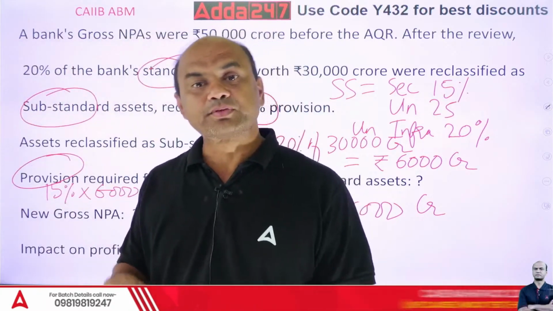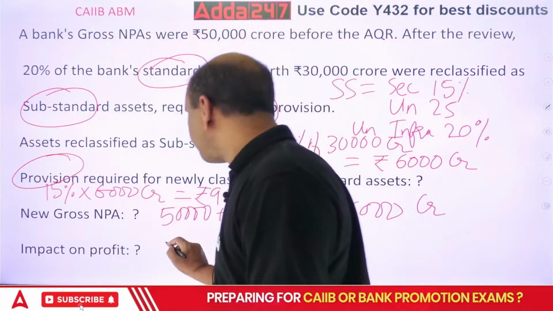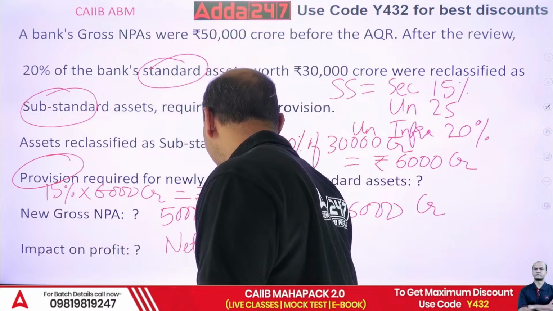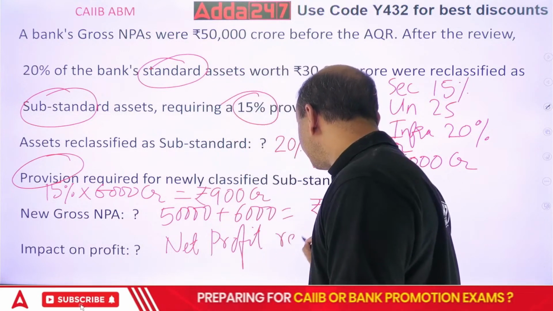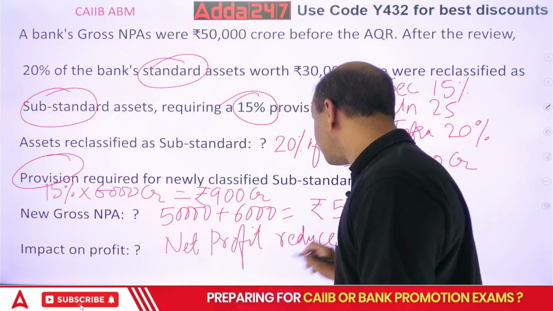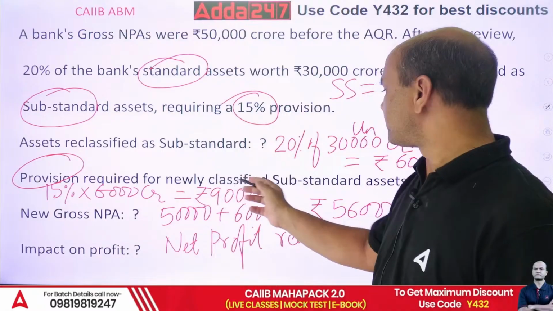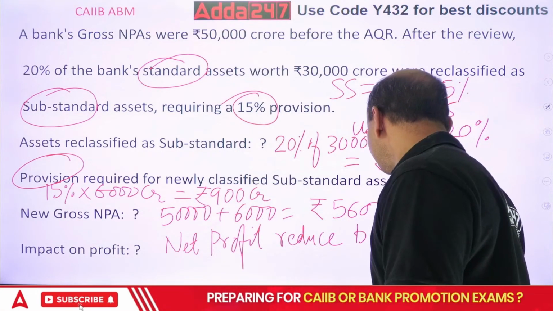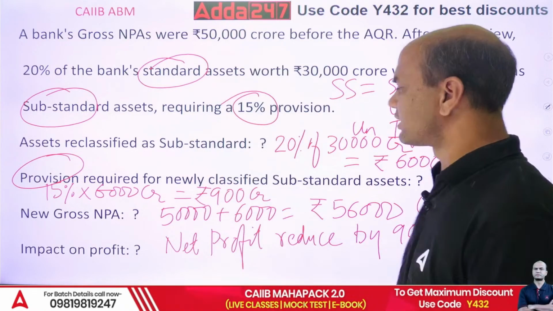The money comes from P&L, your net profit. So net profit will get hit. Net profit will reduce. By how much? By the provision, 900. By 900, of course, CR. You don't forget this CR. Crores.